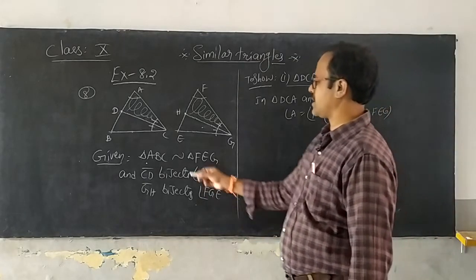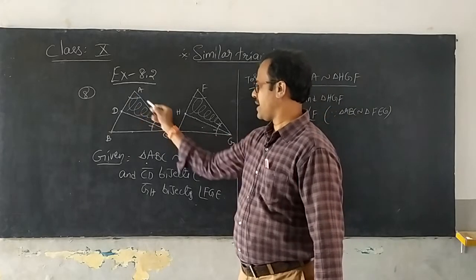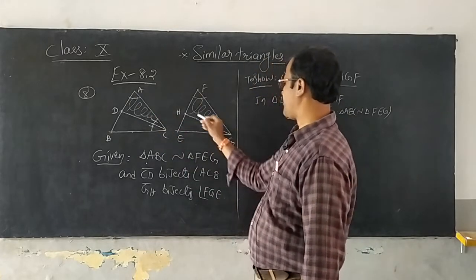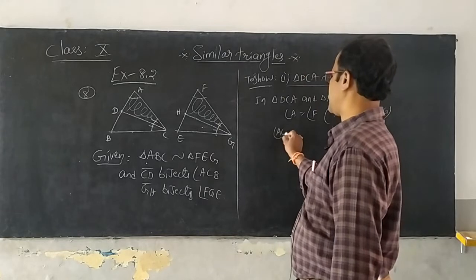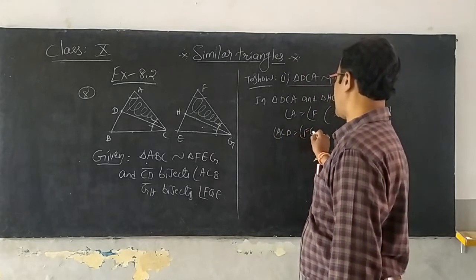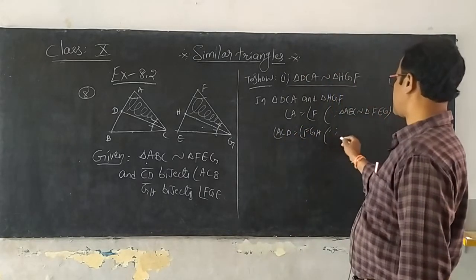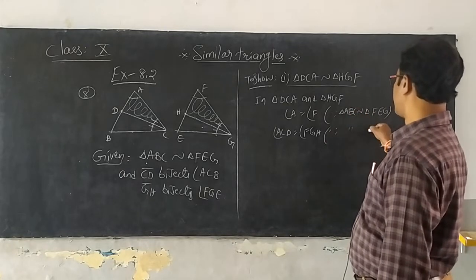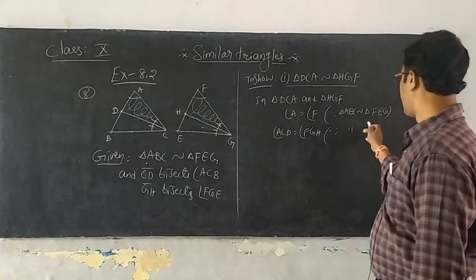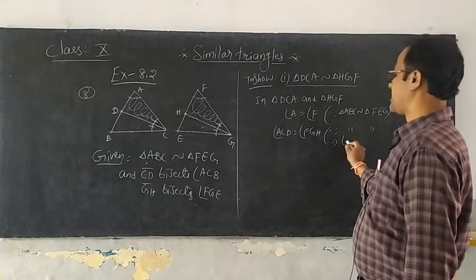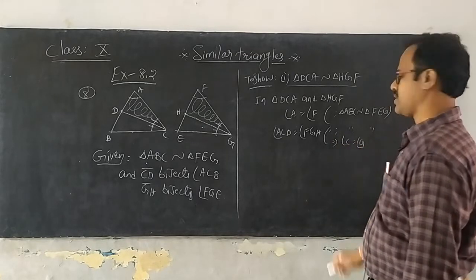After that we can say that angle ACD is equal to angle FGH, since by triangle ABC similar to triangle FEG, I can write that angle C is equal to angle G.